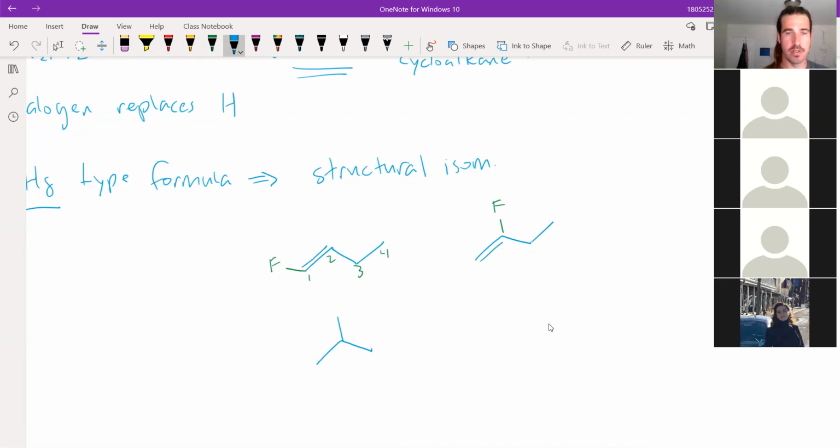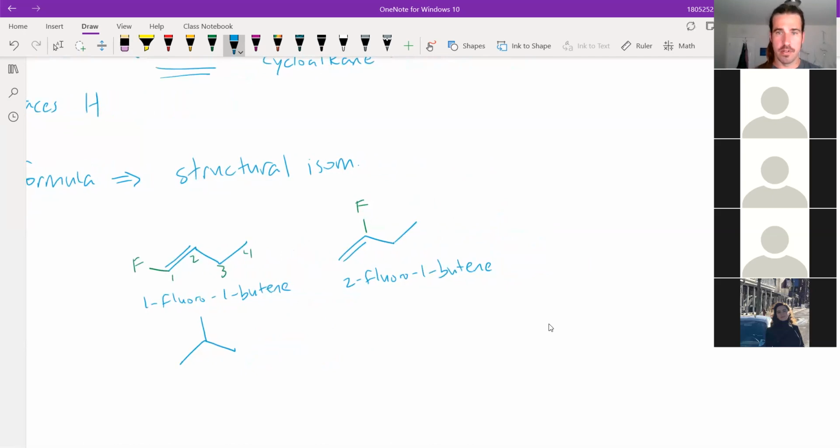So this could be 1-fluoro-1-butene. This would be 2-fluoro-1-butene, right? Then I could move the fluorine here, and this would be 3-fluoro-1-butene.